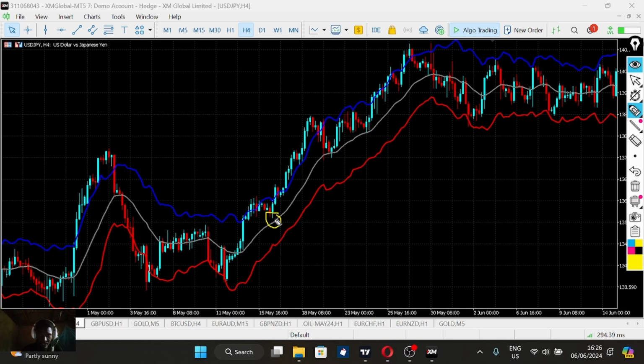And when the middle line crosses over the candles, like here, it indicates that this is the end of the trend. Now if we were to enter here, we would have exited at this point.